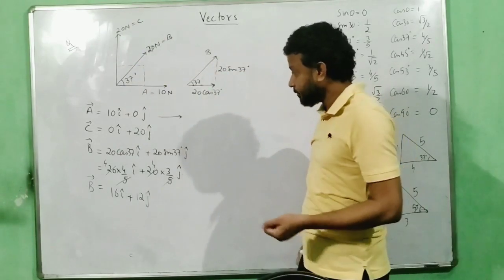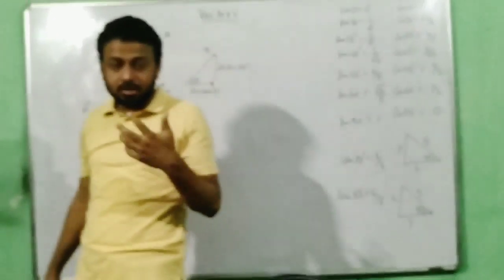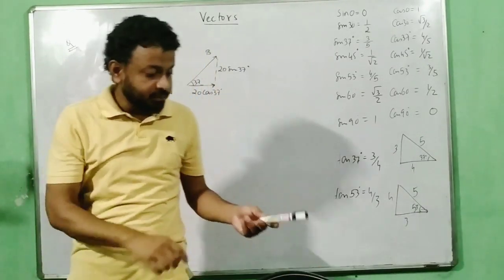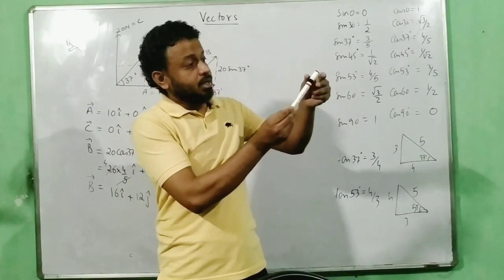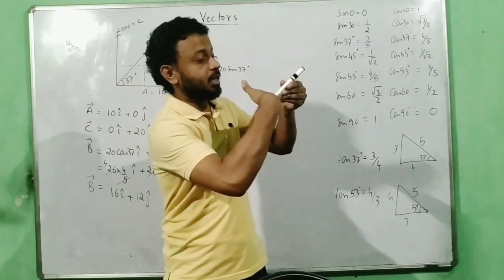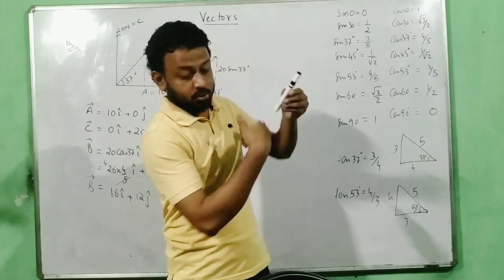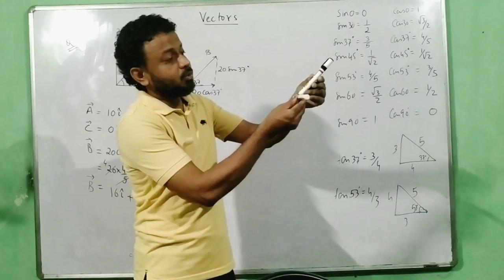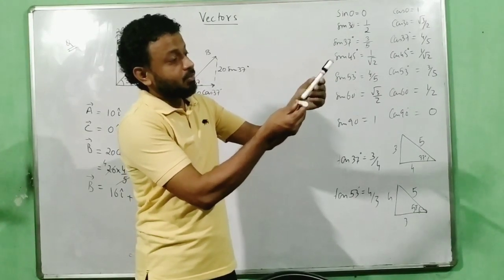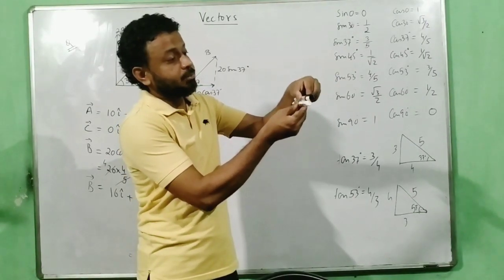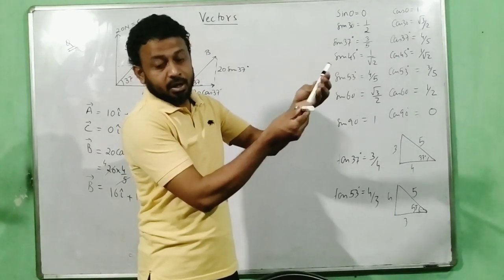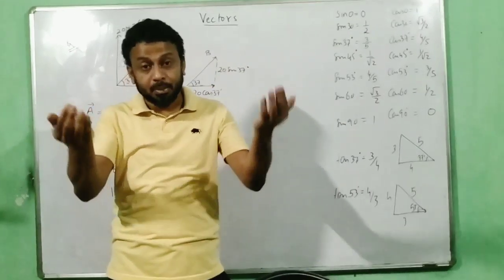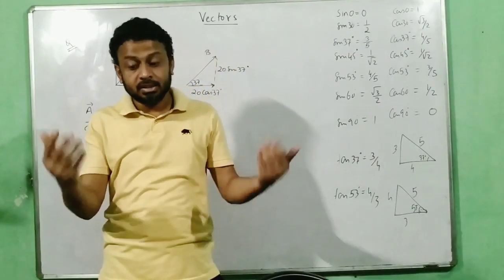If you want to understand this as a proper rule, the rule is like this. If this is my vector A in space, then vector A will have nothing along a direction perpendicular to it. A vector's component in a direction perpendicular to it is always 0.